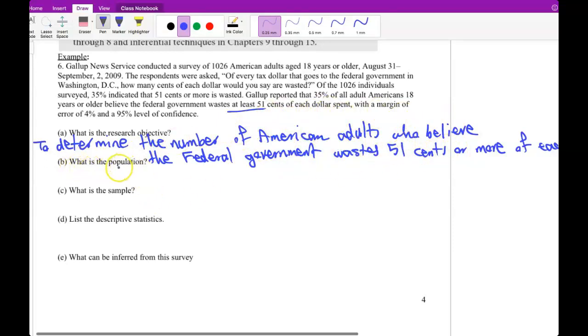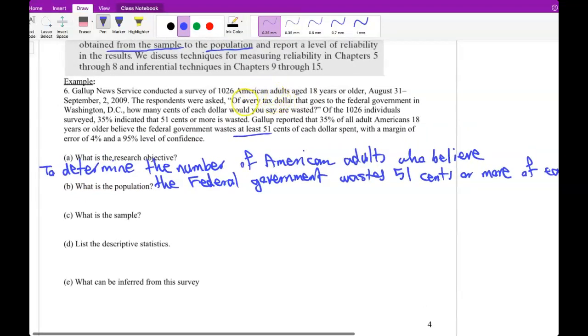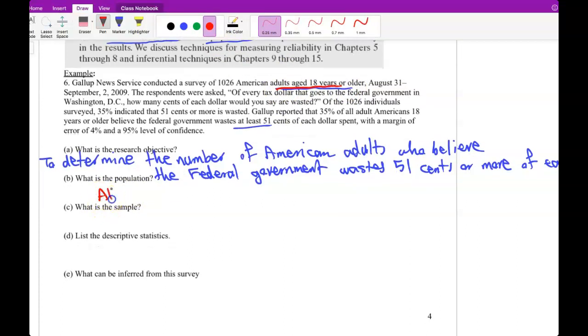Part B, what is the population? Our sample was 1,026, and that was from this group of people: American adults age 18 years or older. So this is the population. Instead of writing 1,026, this part is the sample.